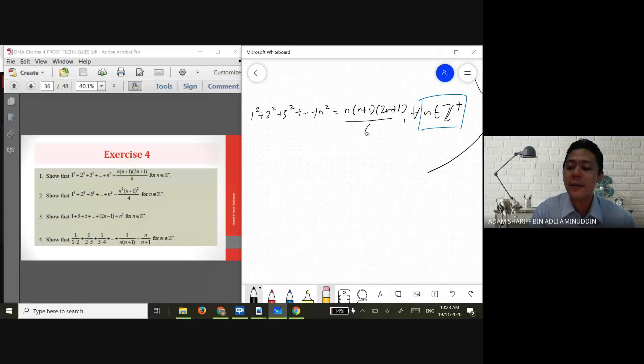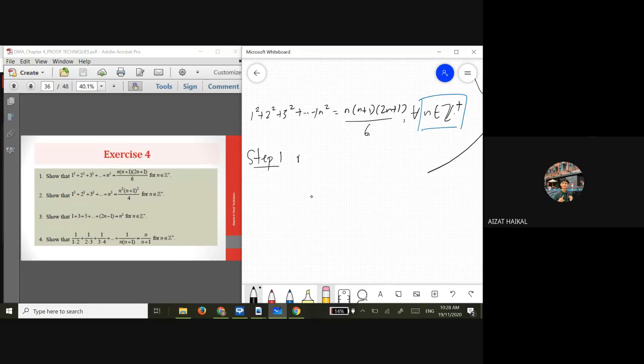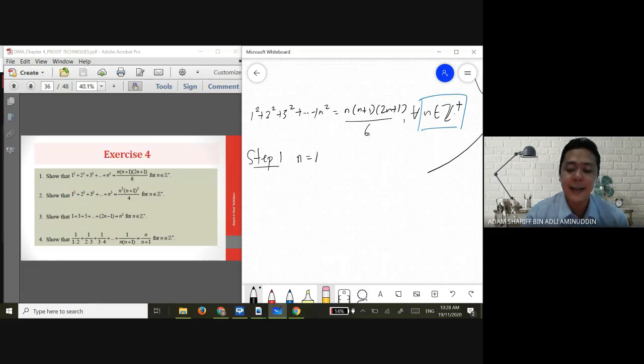So what is the first element of positive integer? Will be the first element of positive integer. N equals to 1. Hati-hati jangan letak kosong. Kalau letak kosong dia mungkin boleh dapat jawapan yang lain lah. Kita kena sensitif dekat domain sini. So n equals to 1.